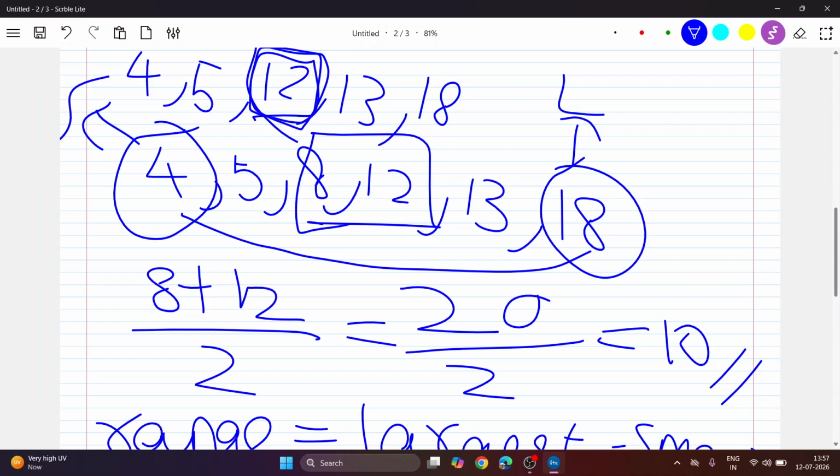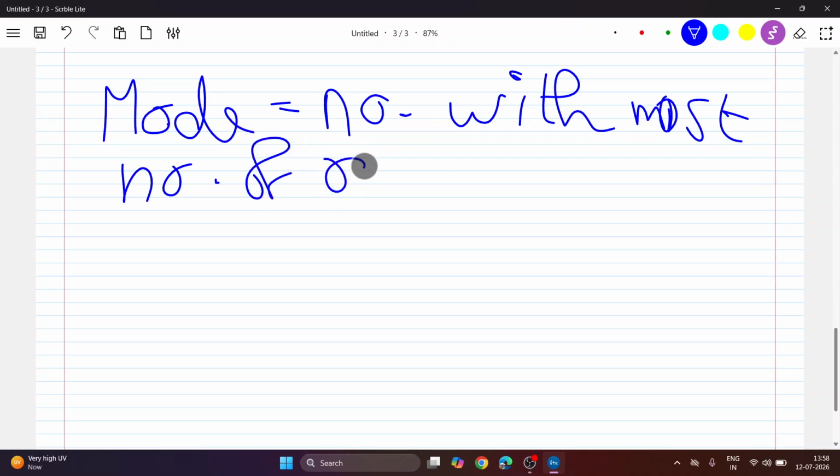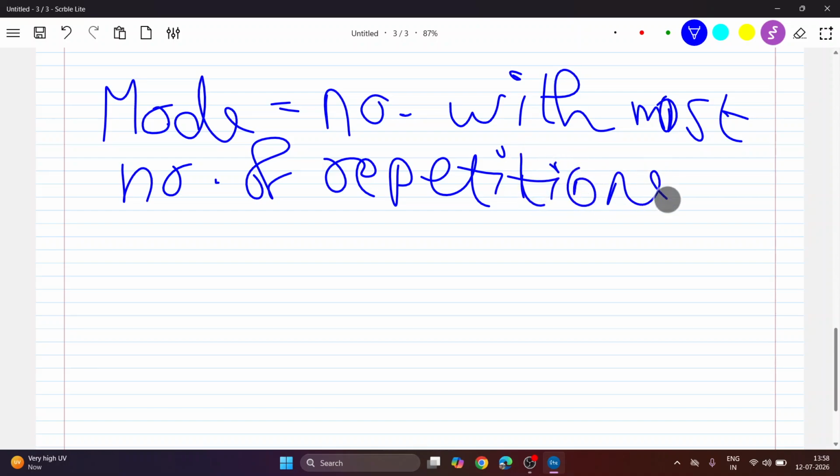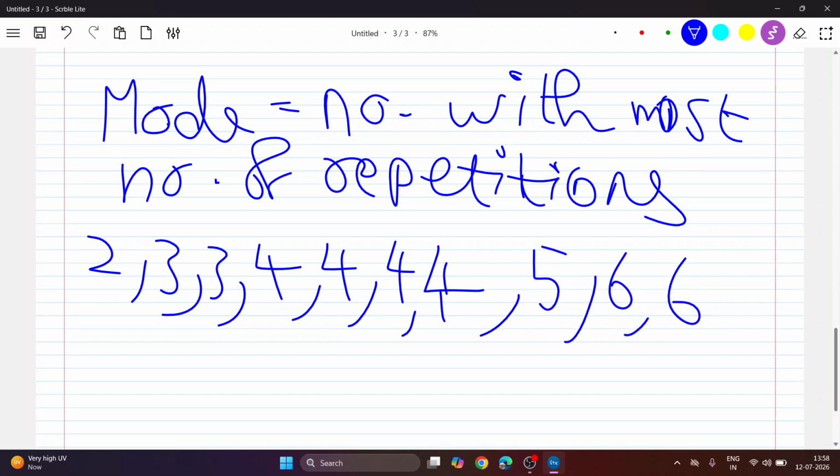Now mode, what is mode? Okay, now what is the mode of this data set?